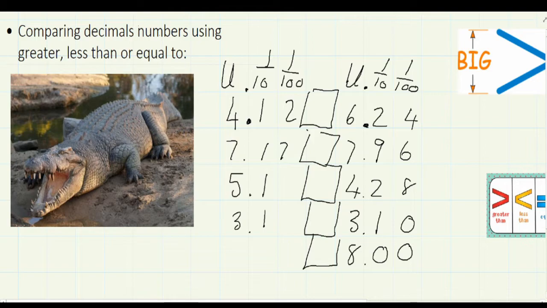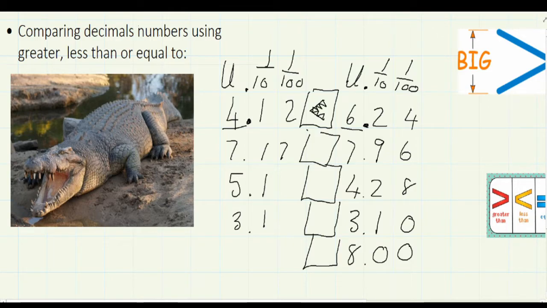Now this question over here is pretty simple to do because we can utilize the strategy that we used in the last video, which was underlining the highest place value that we have, and that is the units. It doesn't seem very large, but because we have decimal numbers, we only really need the units in there. And we identify that the 6 units is obviously larger than the 4, so the crocodile is going to be, of course, like we said, eating the larger number.